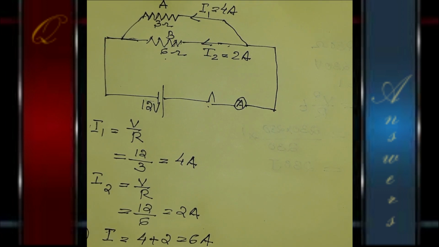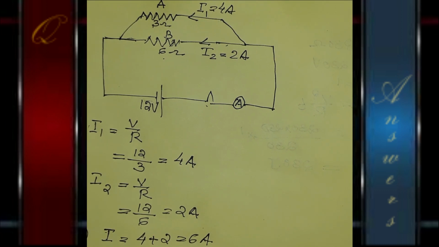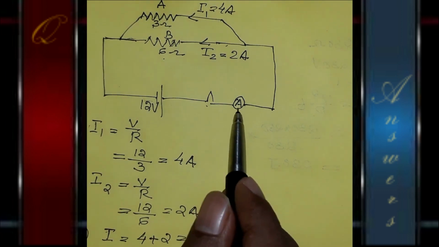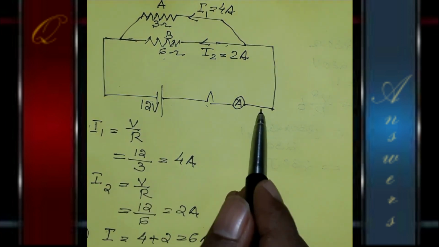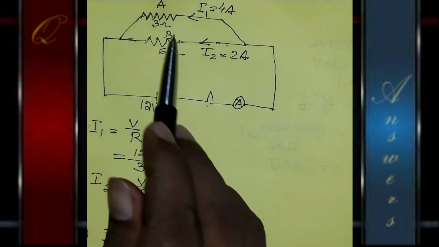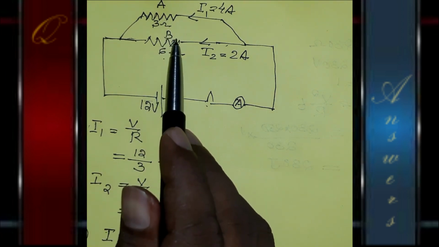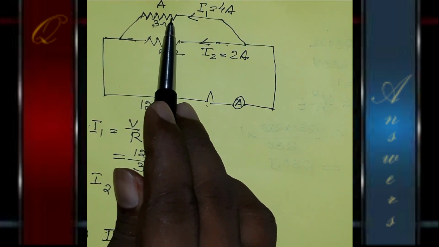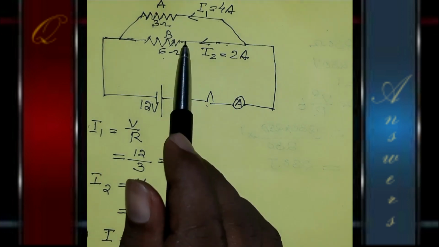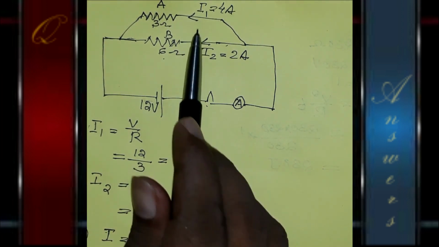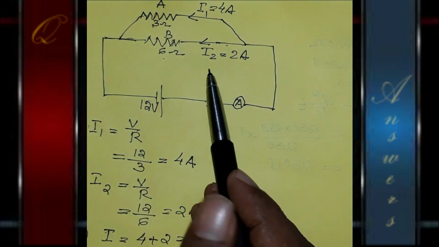Now the question is, how should the resistance wire be arranged to reduce the ammeter reading? You have to reduce the ammeter reading, which means that you have to reduce the current through this circuit. Then how should these resistances be connected? This current can be reduced by increasing the effective resistance of the circuit.